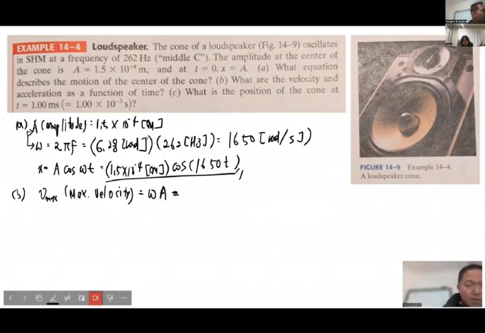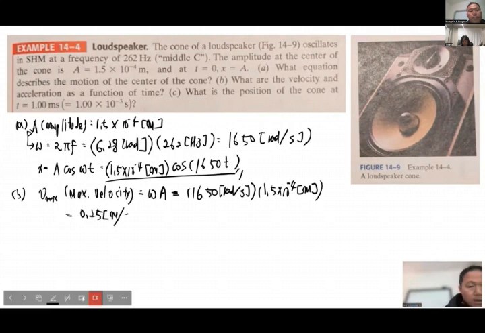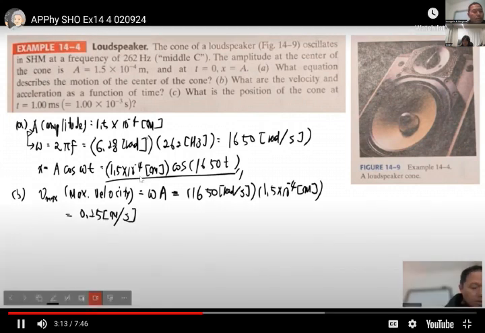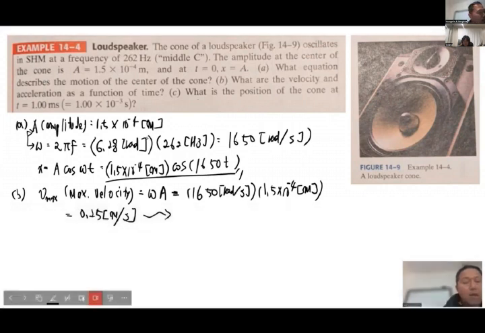So that is 1650 radian per second times 1.5 times 10 to the minus 4 meter, which leads to 0.25 meter per second of velocity.